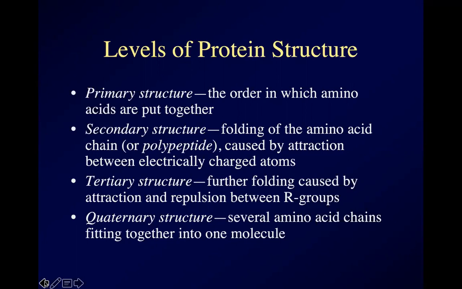THEREWASAMANFROMNANTUCKET, and so on, right? What happens when a cell puts amino acids together in an order is that they don't stay in a straight chain. The amino acid chain begins folding because some of the atoms in it have electrical charges, and those electrical charges can attract or repel each other.